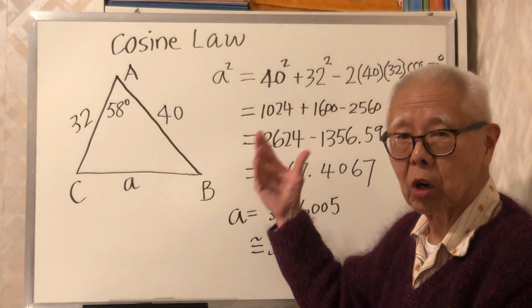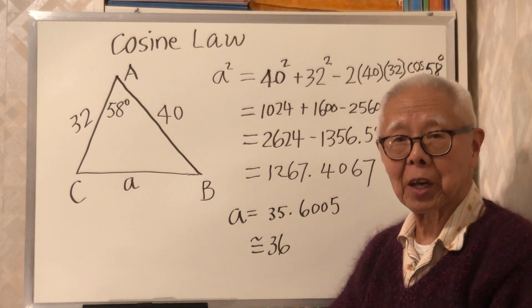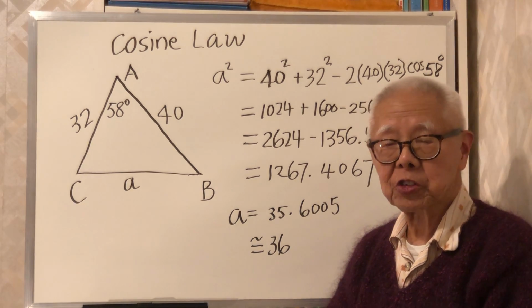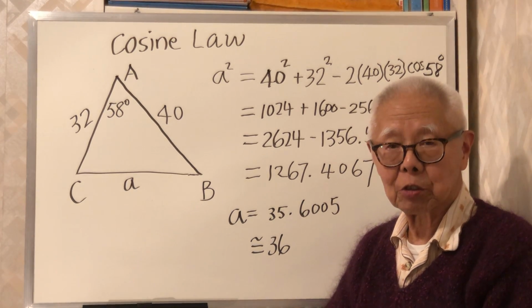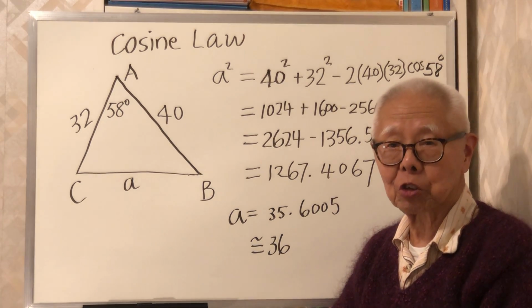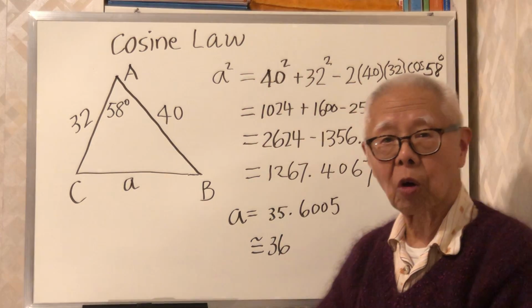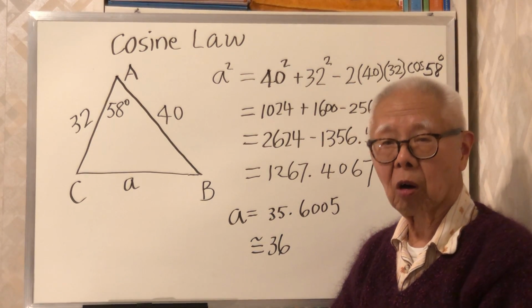So you just work out the right-hand side, and that gives you a square. Once you have a square, you take square root and you get A, and that is your answer. And this formula is called cosine law.